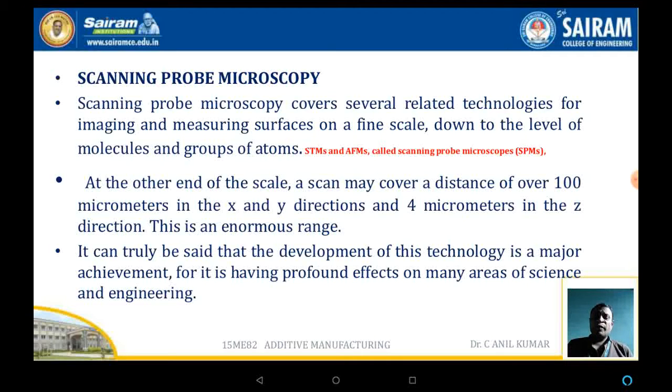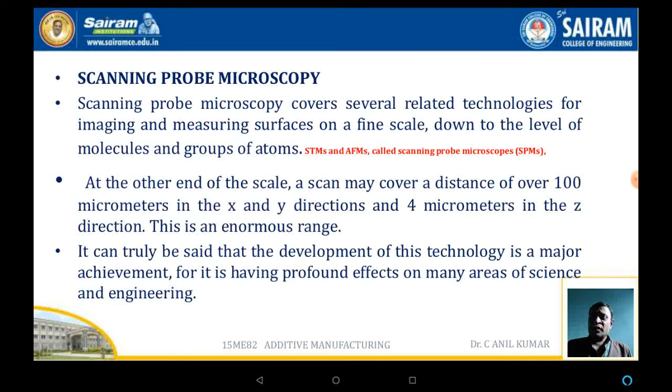Scanning probe microscopy is a microscopical technique where we can't expect the 100% accuracy that we get in other microscopical techniques. It covers several relevant technologies for imaging and measuring surfaces, down to the fine scale of molecules and groups of atoms.